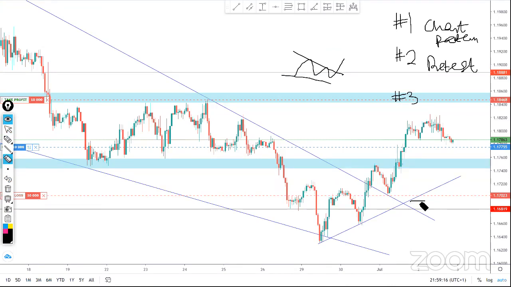So right here, we had an inverse head and shoulder. Technically, an inverse head and shoulder has bullish implication. You all know that. If you don't know that, I think I sent a file from my course on Telegram in my VIP members room.